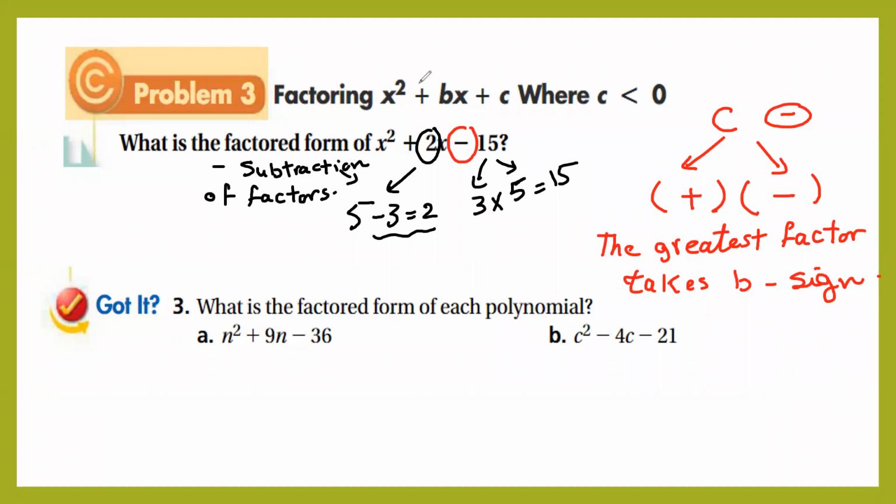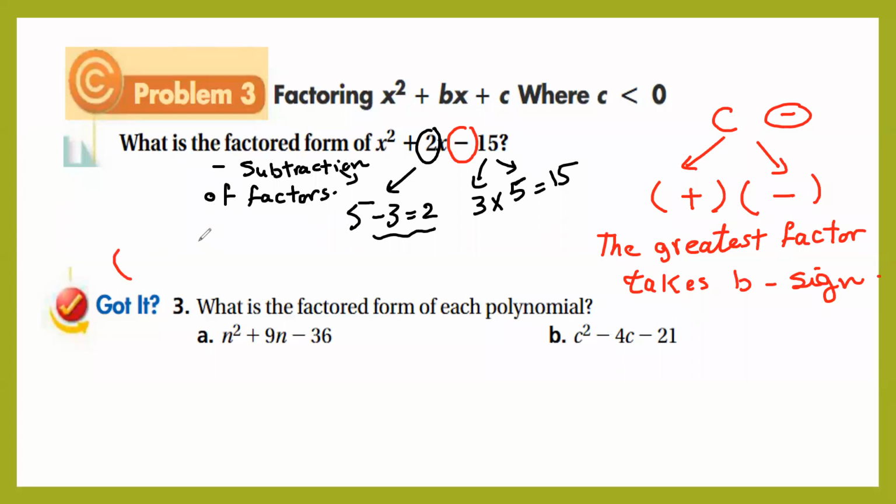So in case C is positive, the B is addition of both factors. In case C is negative, the B will be subtraction of both factors. Yes, if I subtract them, I will obtain 2, which is the middle term.